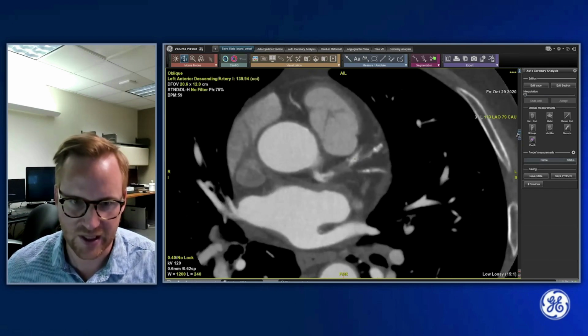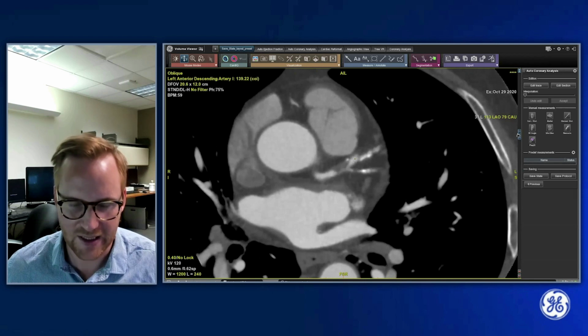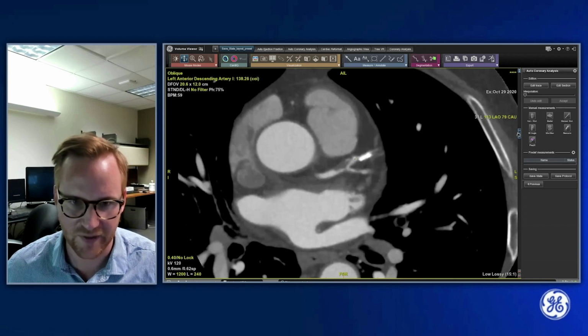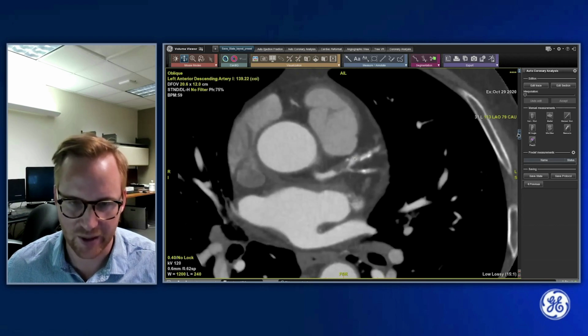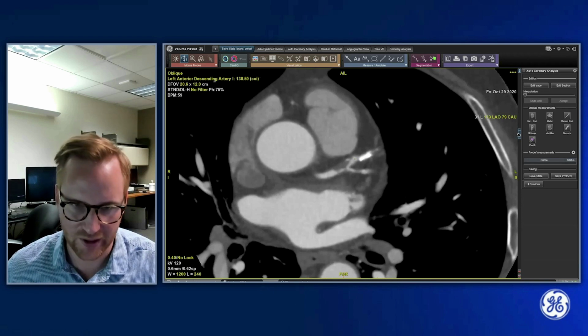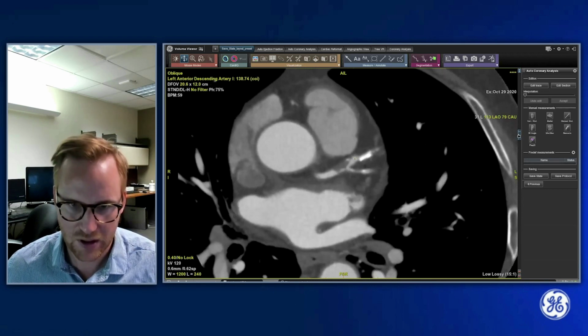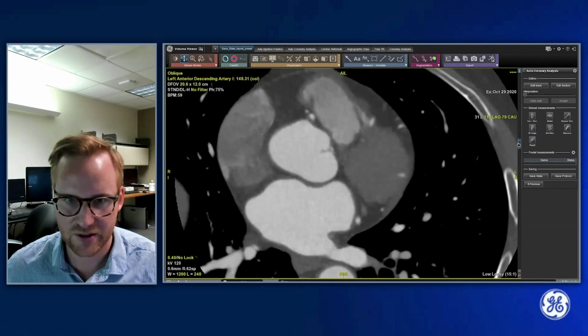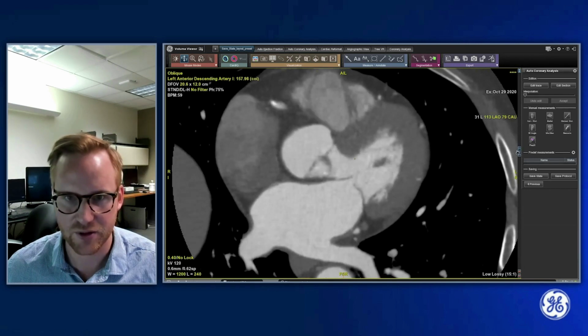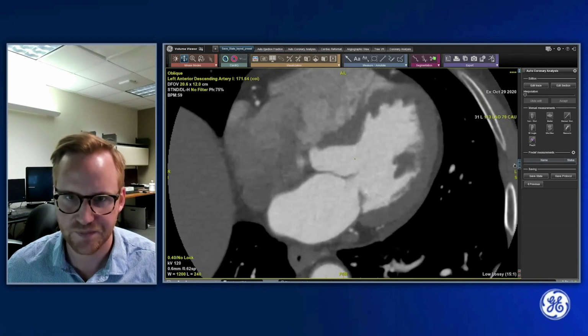The left anterior descending artery has a significant plaque that is primarily non-calcified in the proximal segment and appears to be associated with a significant stenosis greater than 70%. The vessel then continues in the anterior interventricular groove and courses to the apex.